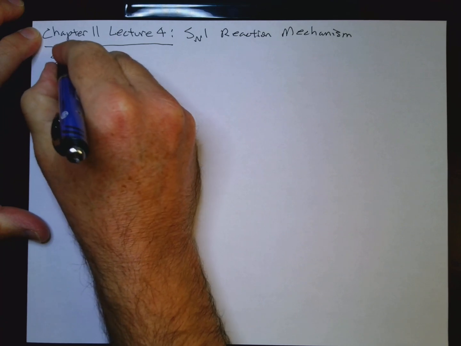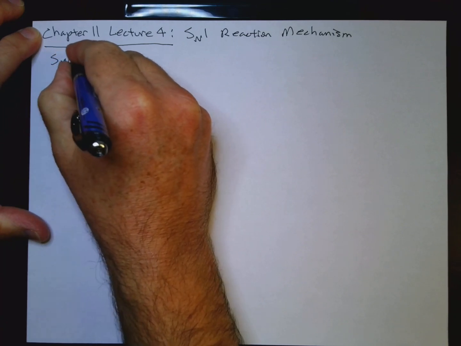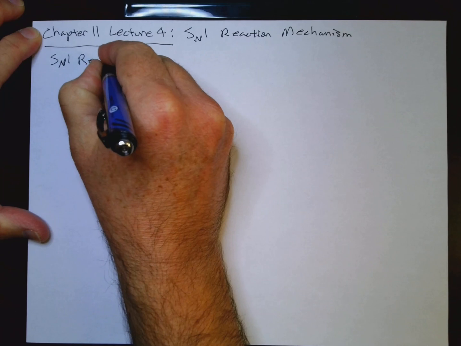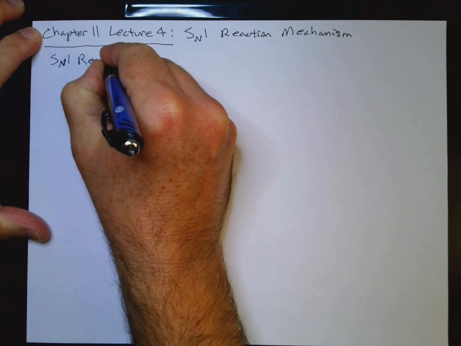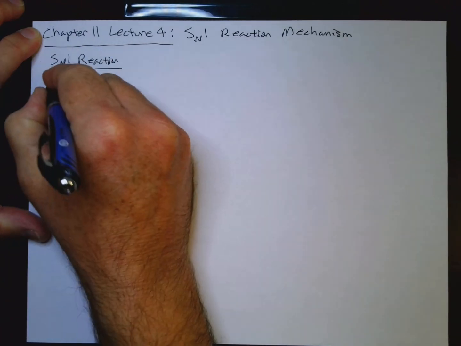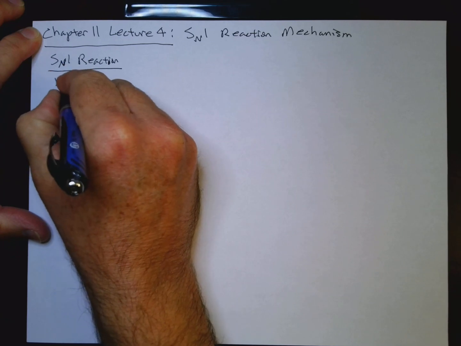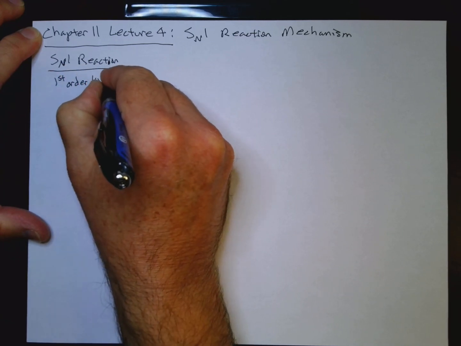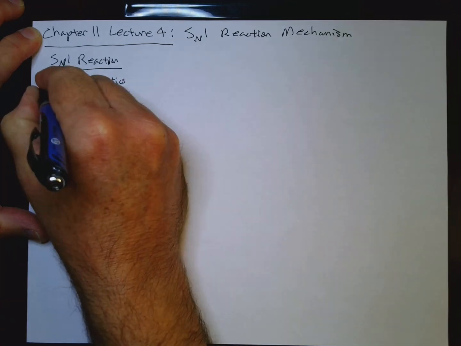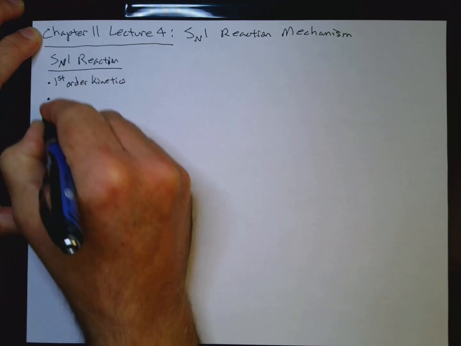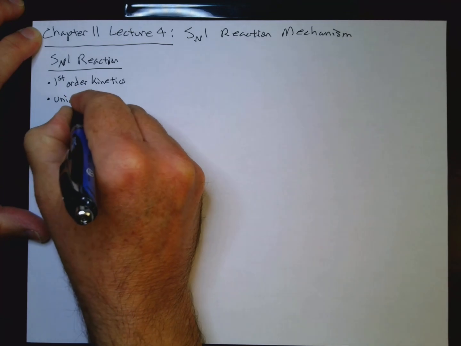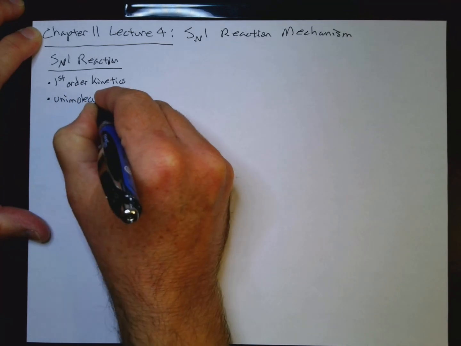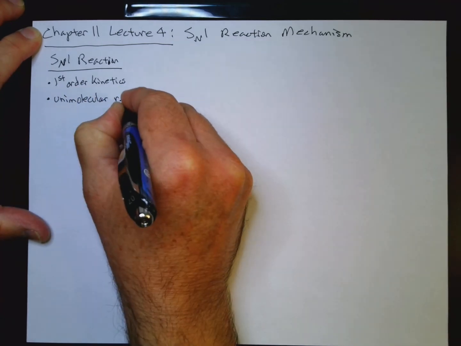So, just to review here, our SN1 reaction has first order kinetics, and it has a unimolecular rate determining step.